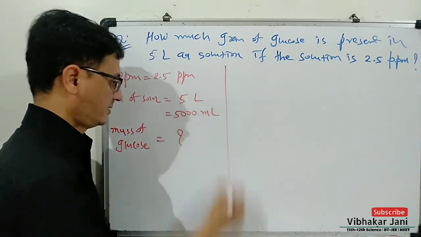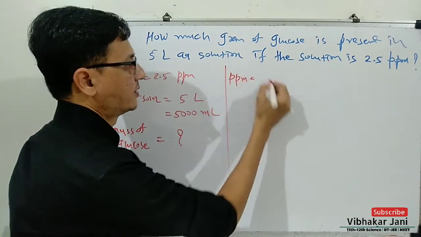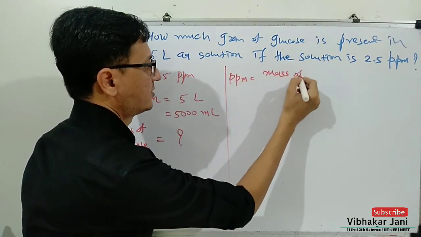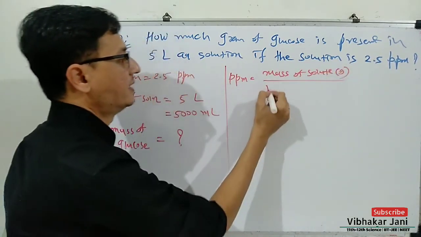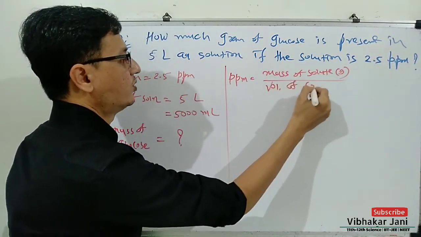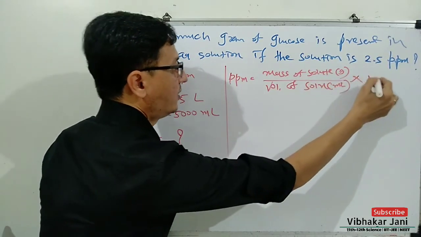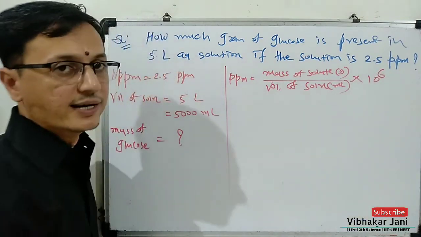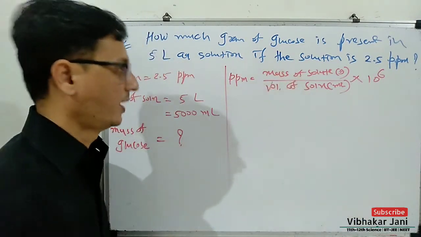So again, let us write the formula. ppm is equal to mass of solute in gram divided by volume of solution in milliliter, and don't forget to write 10 to the power 6 in the multiplication of this formula.